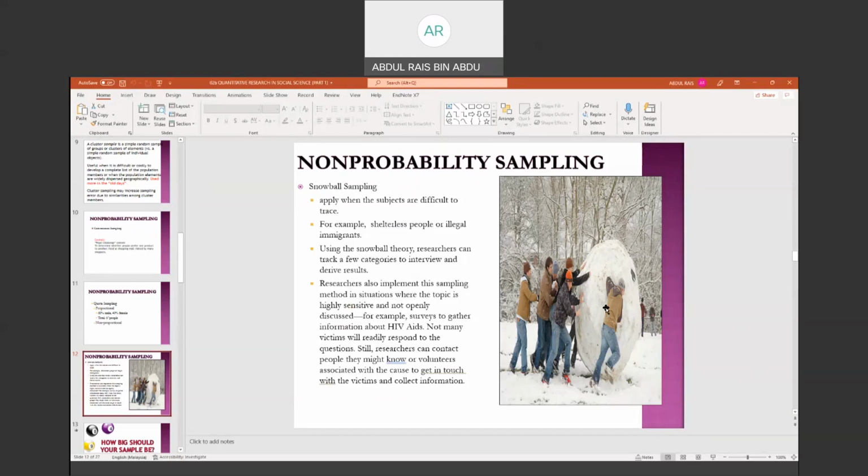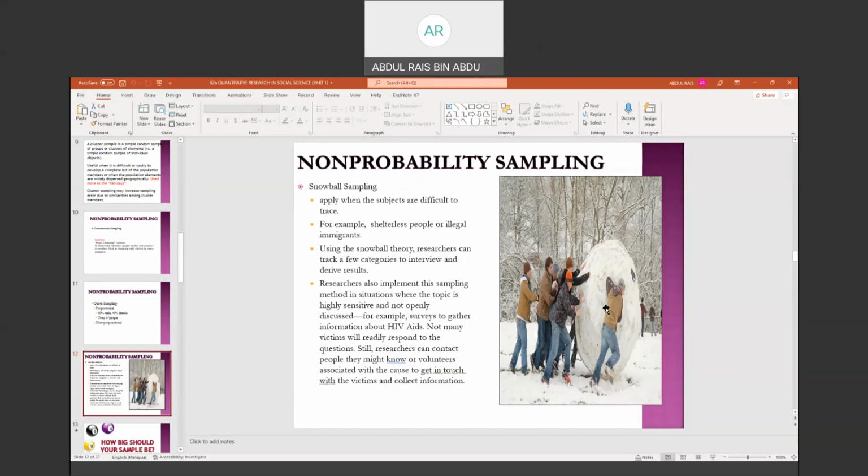Dan snowball sampling, saya teringat masa buat PhD dan kat awal lah, banyak macam-macam bengkel kita orang hadiri. Salah seorang tu dia buat pasal Money Trail 1MDB, quite a controversial topic at the time lah. Okay.